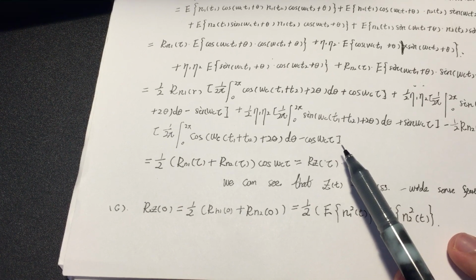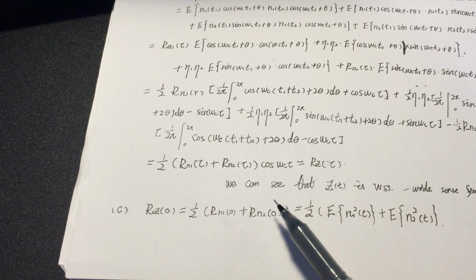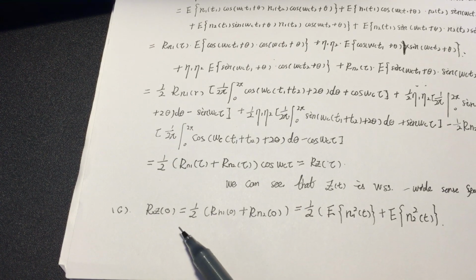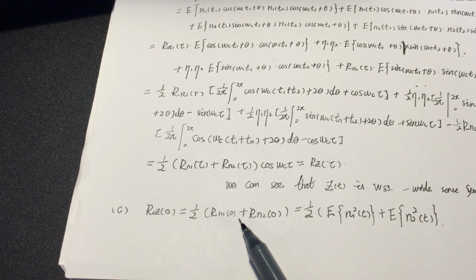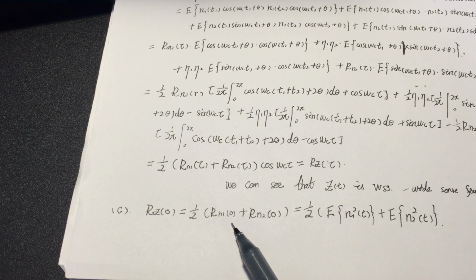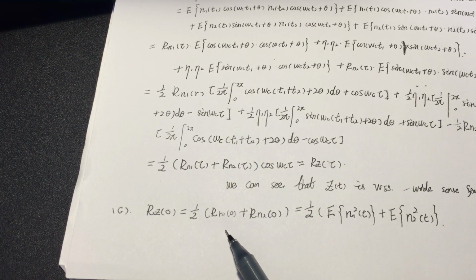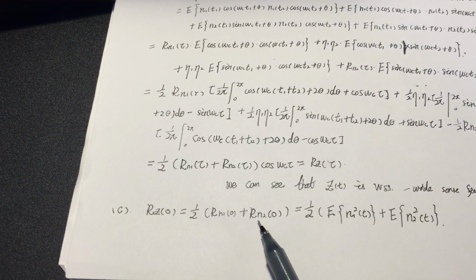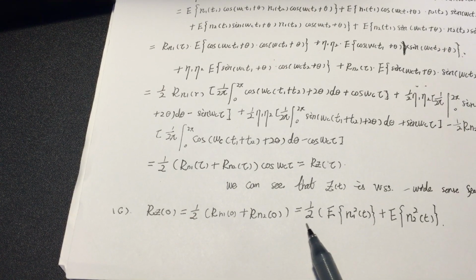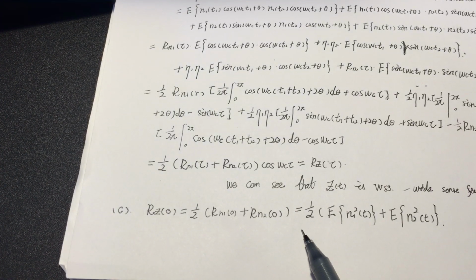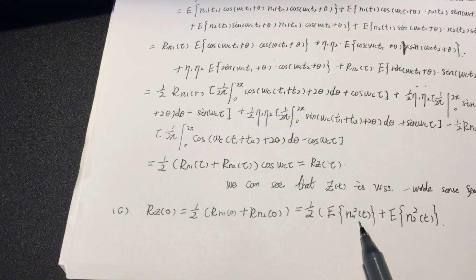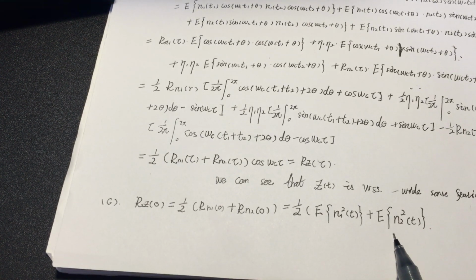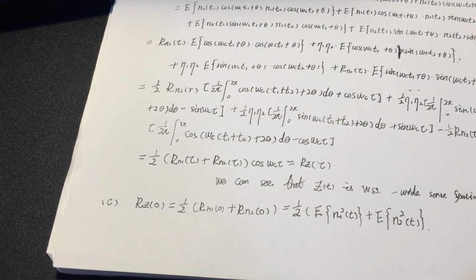If Z(t) is wide-sense stationary, we can easily replace tau with 0, and it equals 1/2 multiplied by R_N1(0) plus R_N2(0), which equals 1/2 multiplied by the expectation of N1 squared(t) plus the expectation of N2 squared(t). So that's question 7.